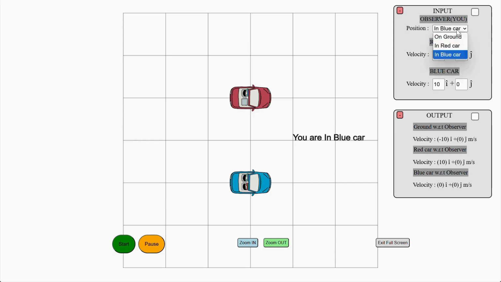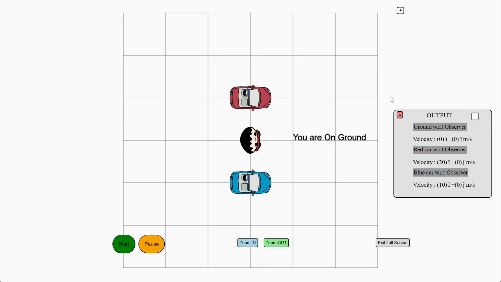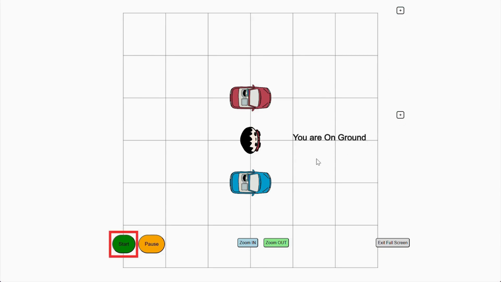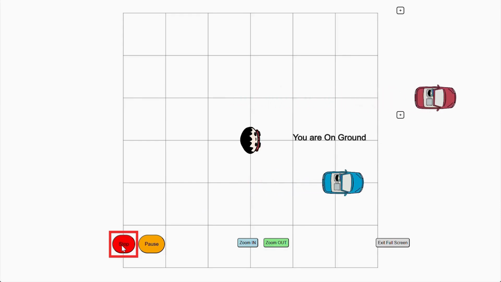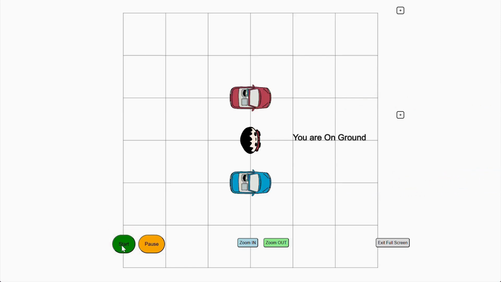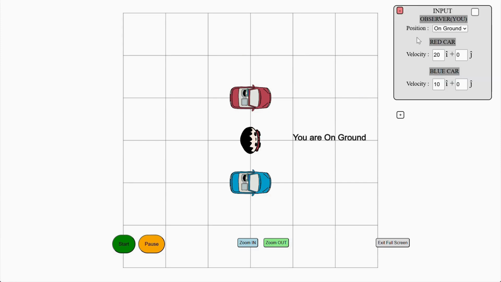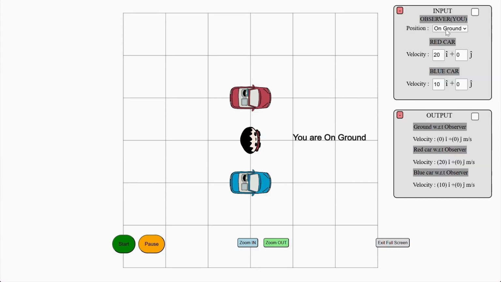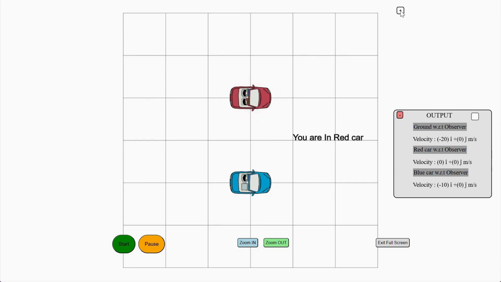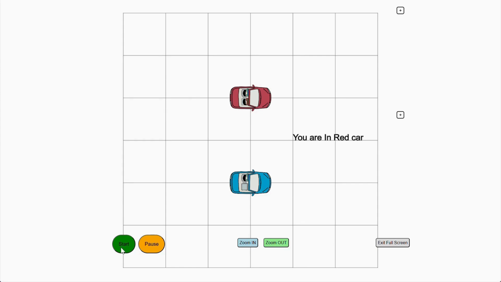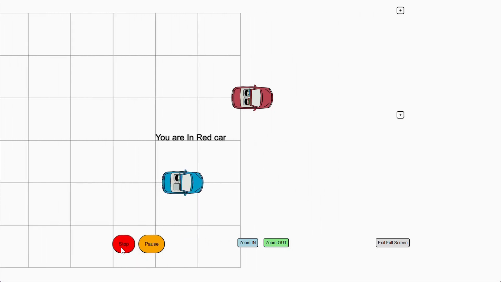Now first, the observer is on the ground. Now start the simulation. Now, observe the motion. If I change the observer's position to the red car, now observe the motion.